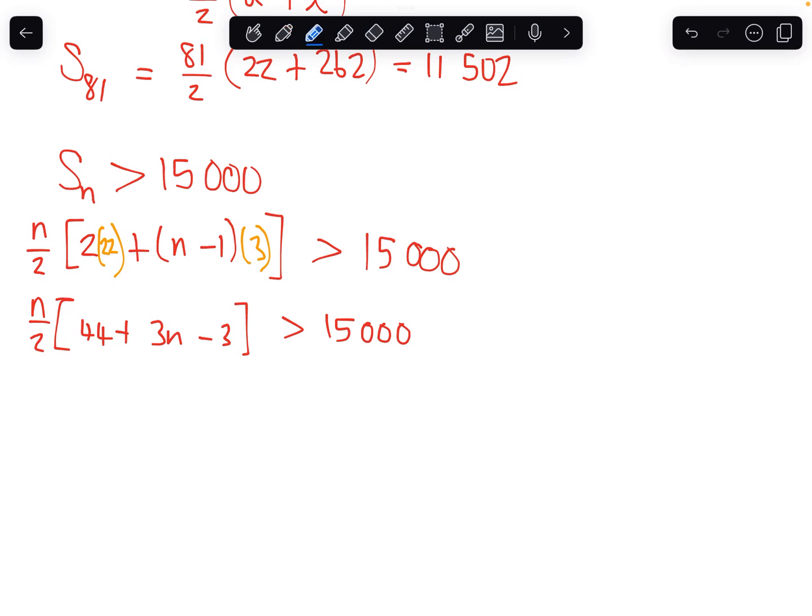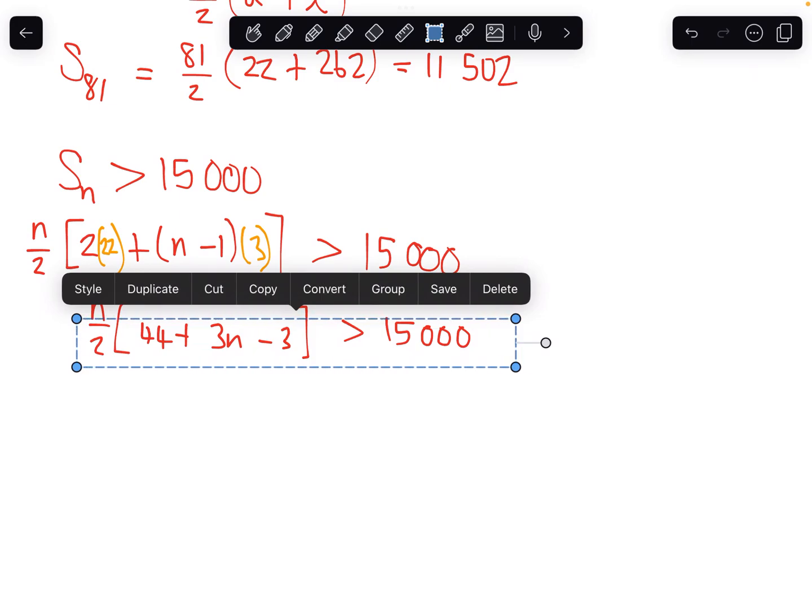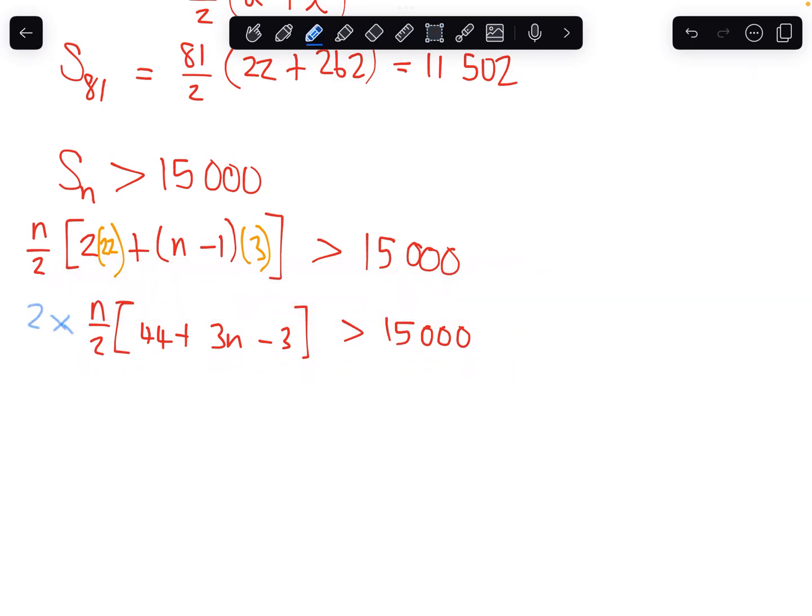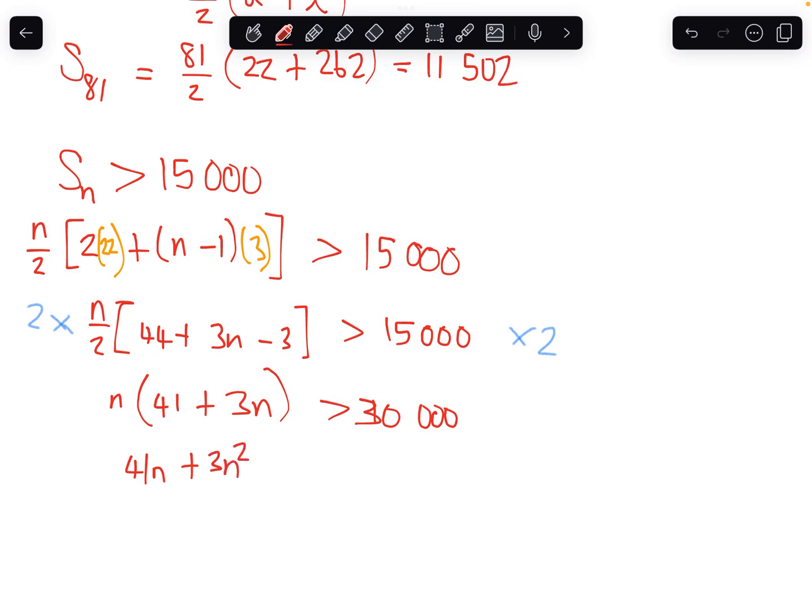I'm going to times both sides by 2 to get rid of this half. So we just have n times 44 minus 3, which is 41, plus 3n, and this is now 30,000. So then we have 41n plus 3n squared, and we want to know when that will be greater than 30,000.